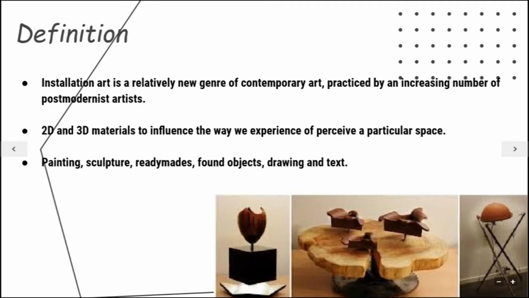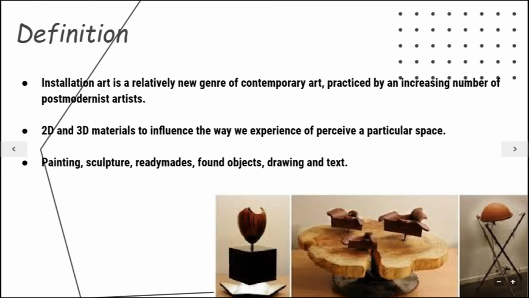Okay, now I'm going to talk about the definition. Installation art is a relatively new genre of contemporary art, practiced by an increasing number of postmodernist artists, which incorporates a range of 2D and 3D materials to influence the way that we experience or perceive a particular space.